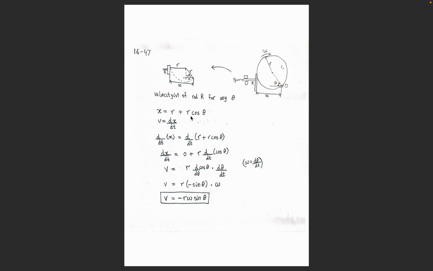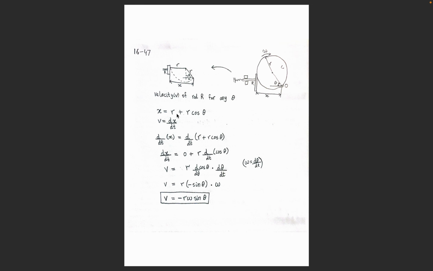So it is R cos theta. This is the hypotenuse, which is R. This is angle theta, and you can see that this forms a right triangle, so we can use the trigonometric ratios.